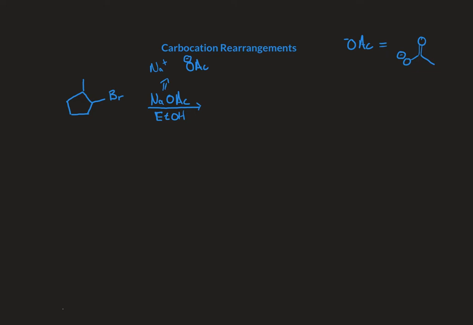So in this SN1 reaction, the first thing that happens is that bromine or bromide leaves to form a carbocation.